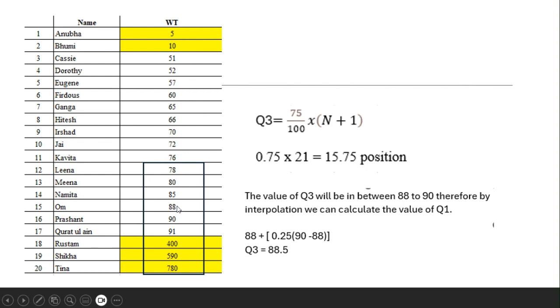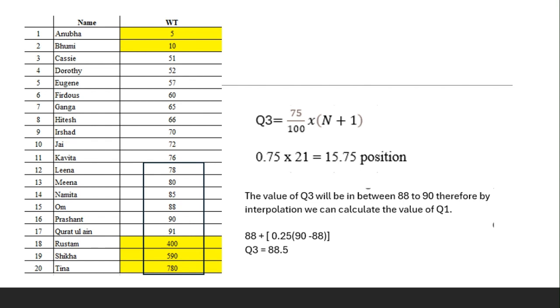So my value lies somewhere between 88 and 90, which means between the 15th and 16th position of my data set. Again, by interpolation, I have calculated this value, which stands as 88.5. So this is the way in which we have calculated the values of Q1 and Q3.